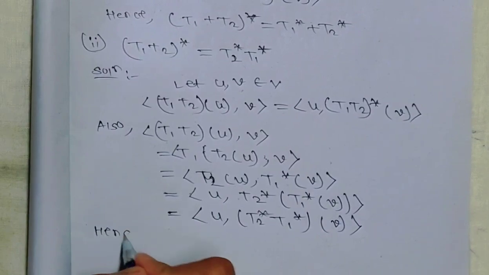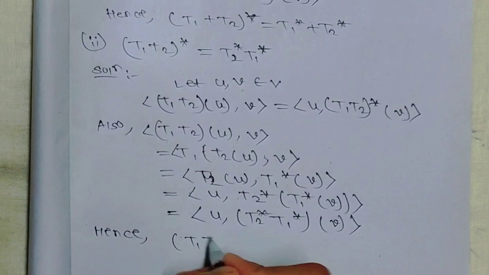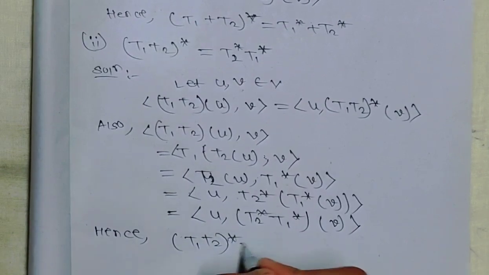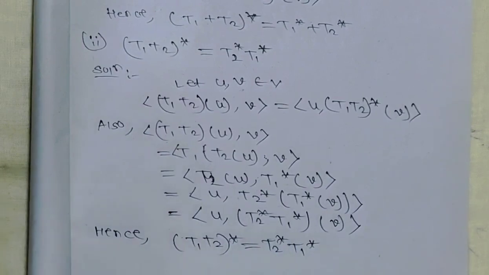Hence what we got? We got (T1 T2) whole star equals T2 star into T1 star.